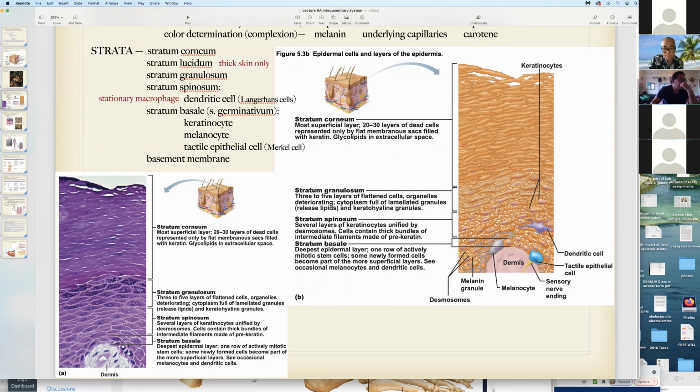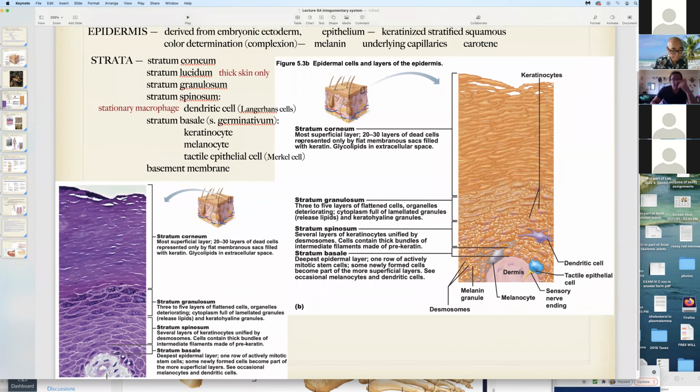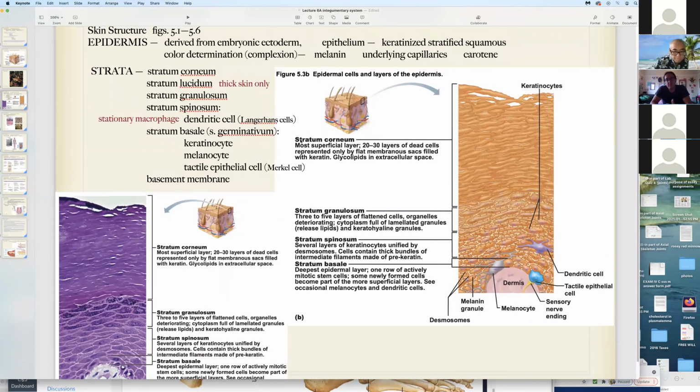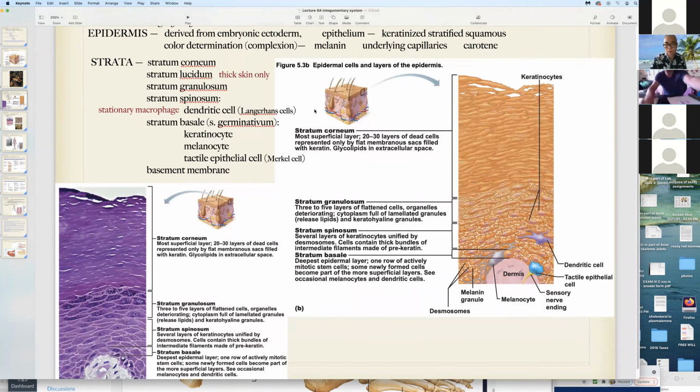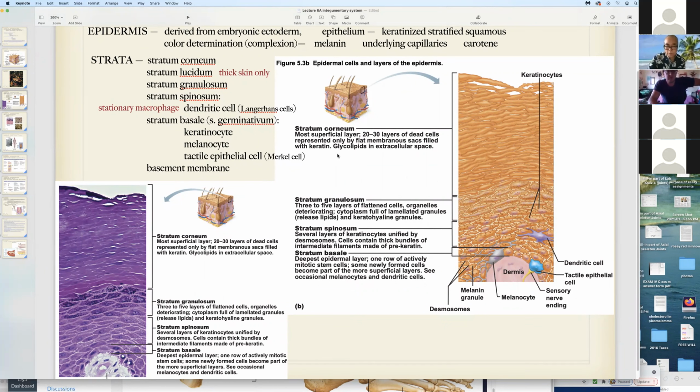And the keratin that is leaking together out with the glycolipids is going to make all these dead tissues into a tough piece of material.